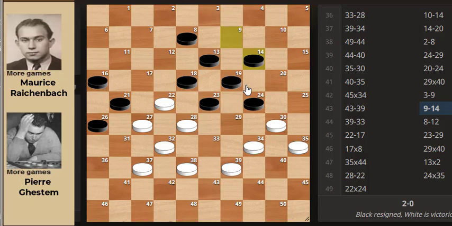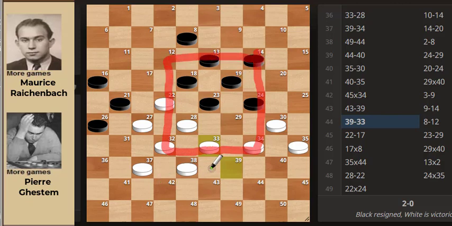So the move was answered by playing the piece at square 9 to square 14. Ghestem answered this move by playing the piece at square 39 to square 33. If we draw the square, we are going to have that.